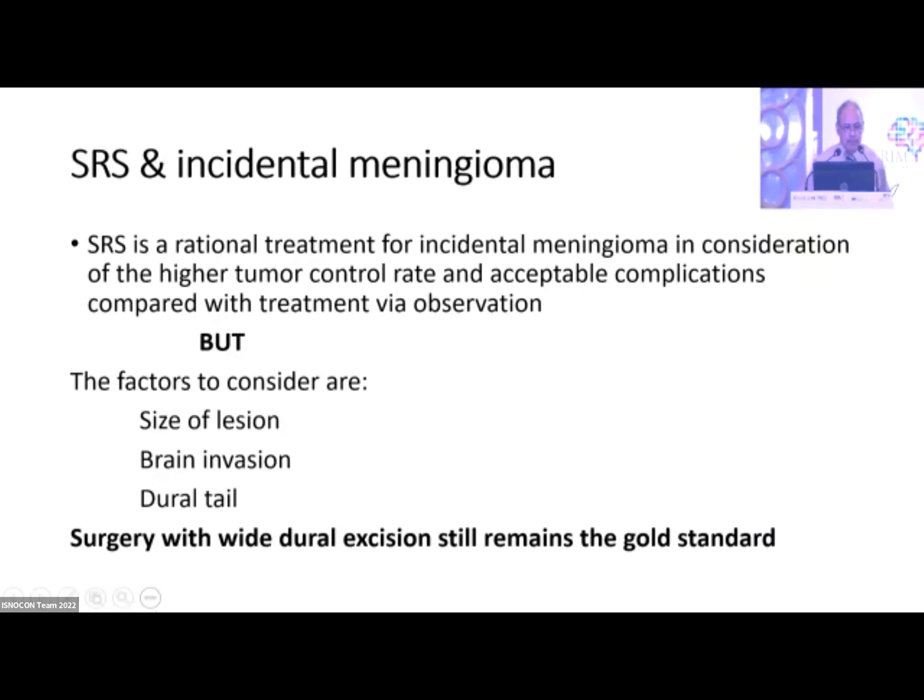What is the rationale of treatment? SRS has a rationale because it can treat the tumor very well, but meningiomas, remember, have a wider base. So what you see, there is an extension into the dura. So in this case, of course, the size of the lesion, the brain invasion, the dural tail, all these things will be considered.